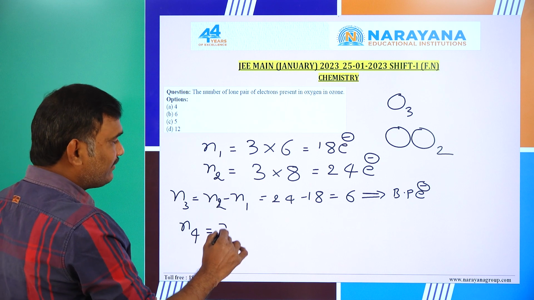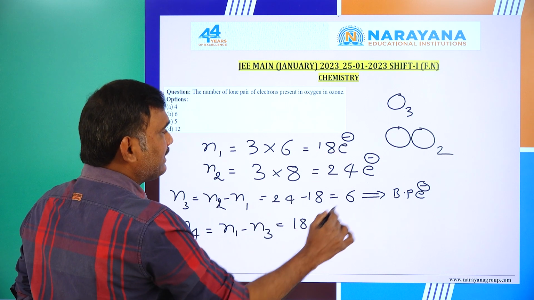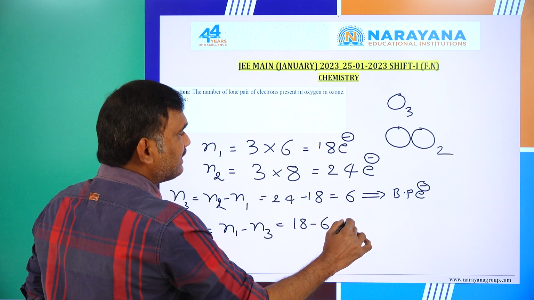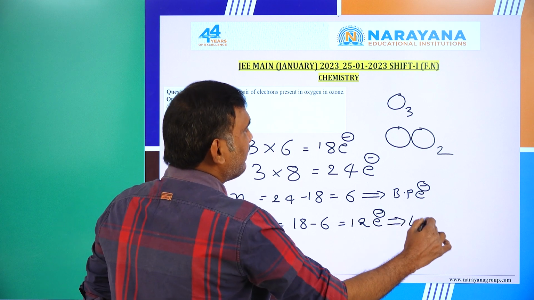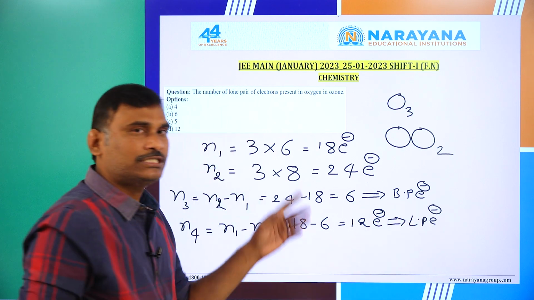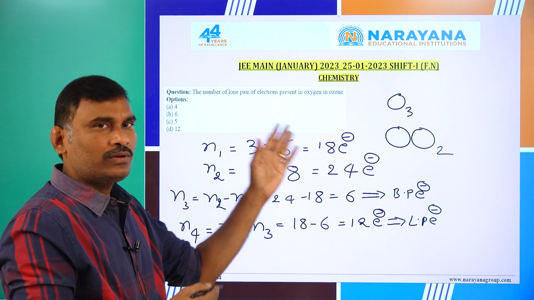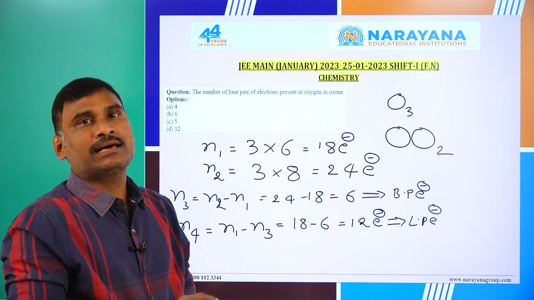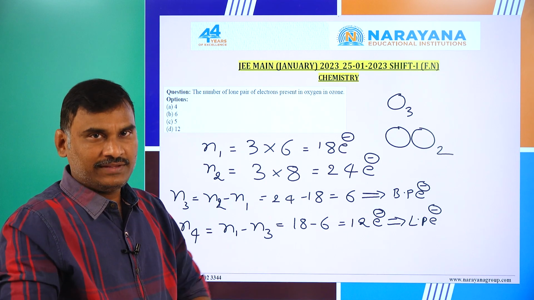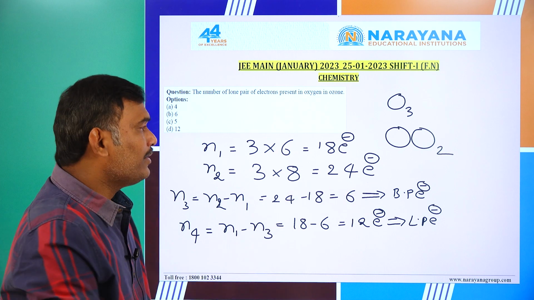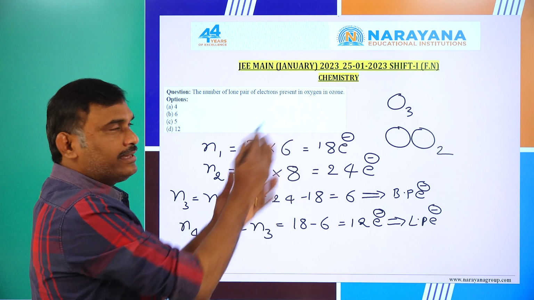This is N1 minus N3, that is 18 minus 6, that is 12 electrons. Generally these are the lone pair electrons if all the atoms satisfy duplet or octet configuration. This is the rule we can apply when all atoms are satisfying octet, and any hydrogen satisfies duplet configuration.